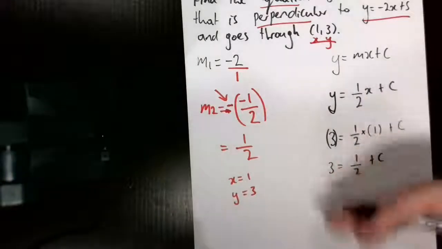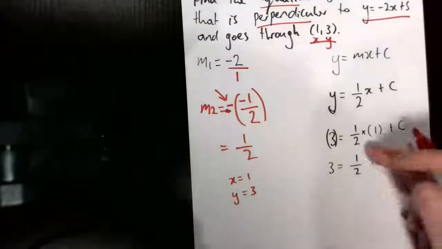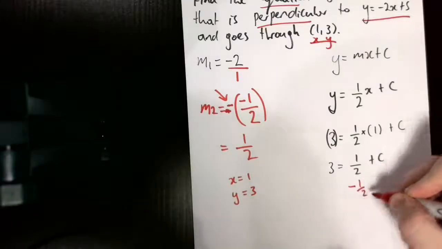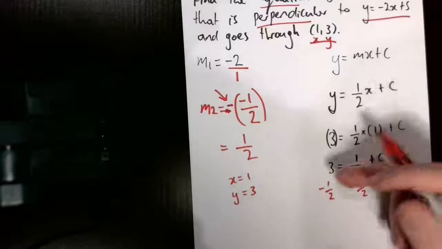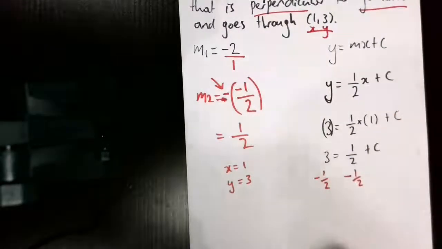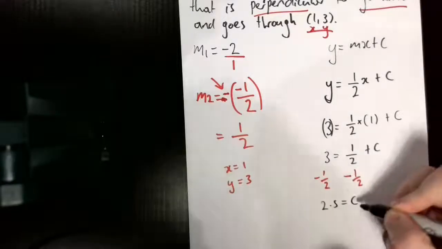Now the next thing that we're going to do is subtract off a half from both sides because we want to get the c by itself. So I'm going to minus 1/2. You can do this step on your calculators if you want, or you can do it in your head. This is like me saying 3 minus 0.5. If you do this on the calculator, you will end up with a decimal, 2.5 equals c.